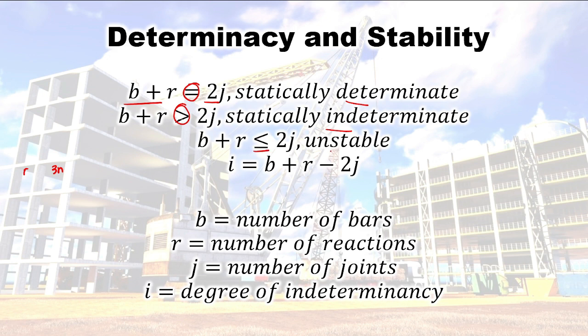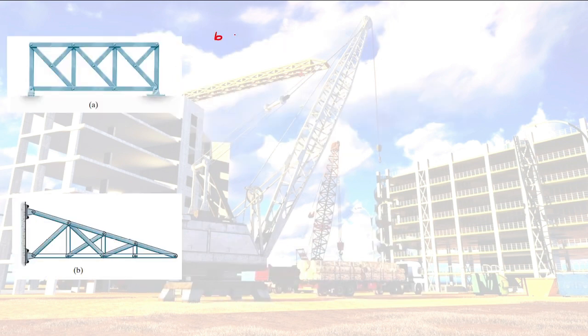Then, pag less than, it is unstable. Then, we also have the same i, which is the degree of indeterminacy or the number of redundant reactions. So, that is your i. And our equation there again is b + r and 2j.